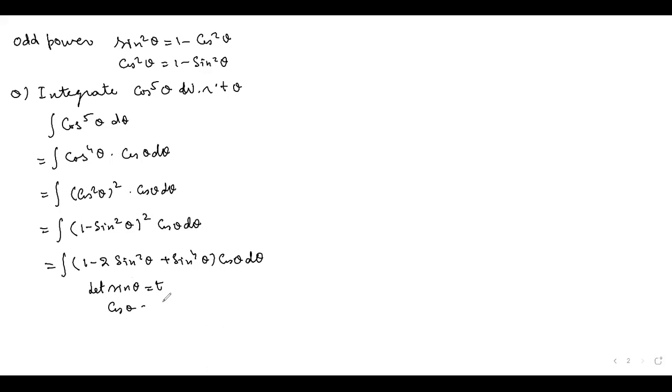Cos theta d theta is equal to dt. D theta is equal to dt over cos theta.